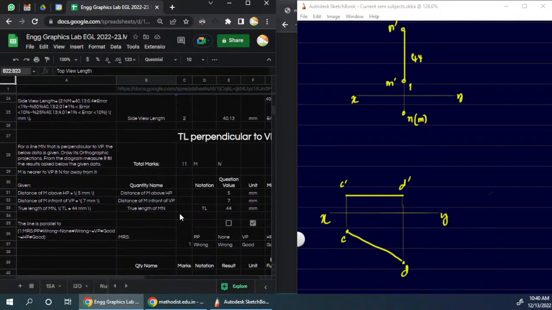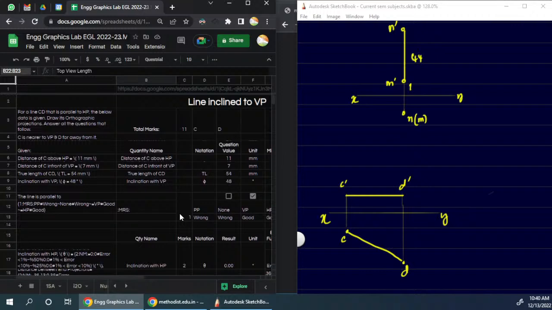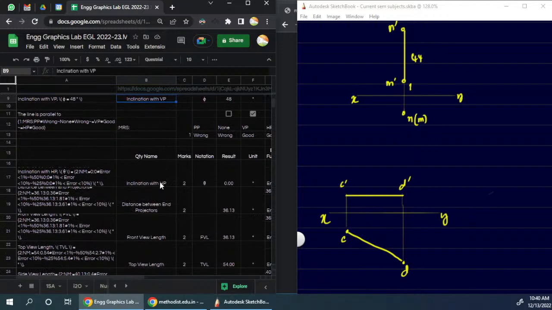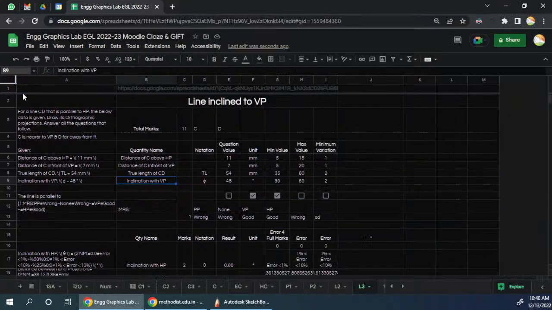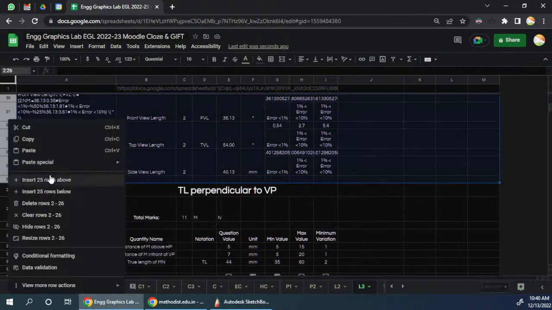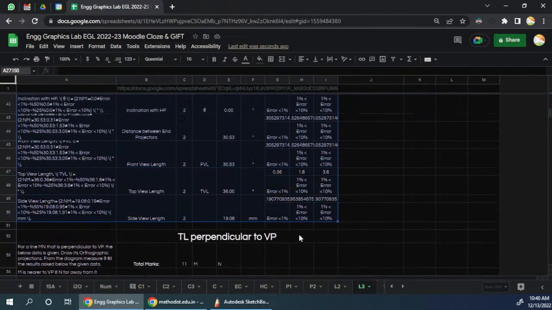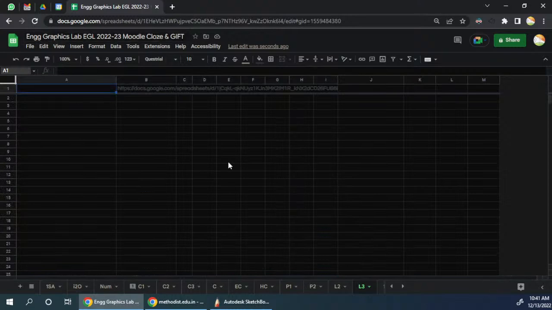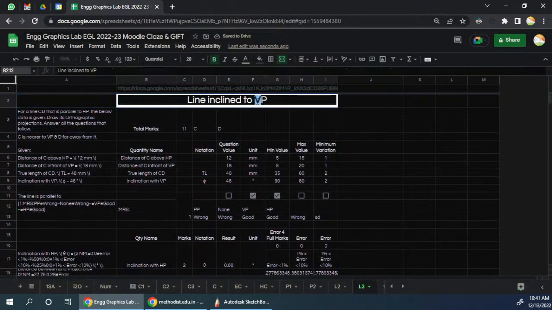It's got 11 marks. Right, so next we had a great question for inclined to VP. Let's insert above, and HP.